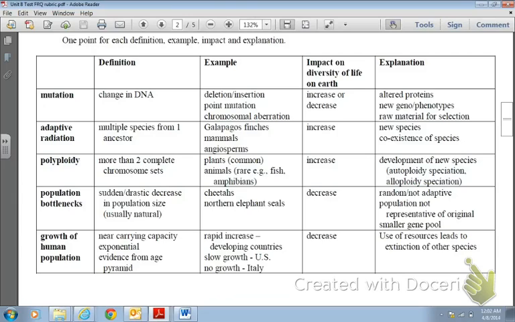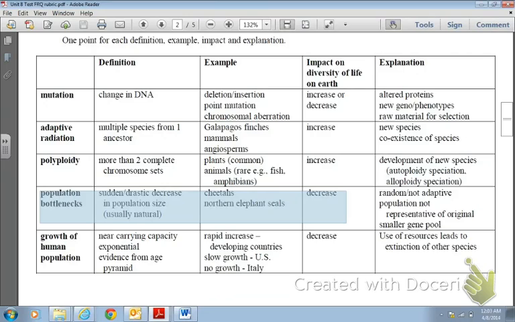Okay, bottleneck. A lot of people wrote about that and got it right. Drastic decrease in population. I pretty much took any example there. If you said bunnies or mosquitoes or whatever. So let's just say that a group of mosquitoes went through a monsoon and wiped out a lot of the mosquitoes. The mosquito population had to rebuild from that smaller gene pool.